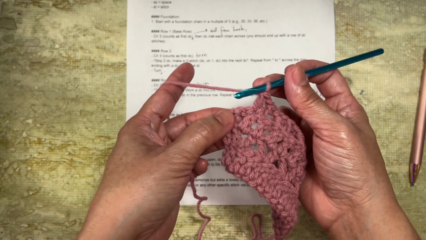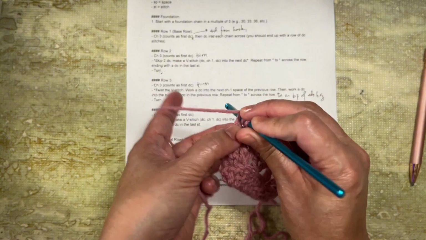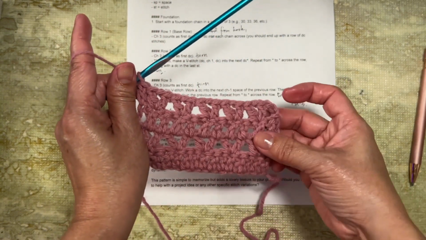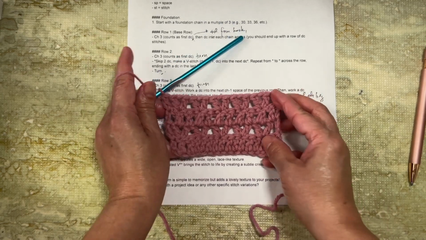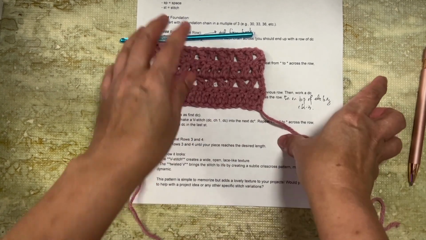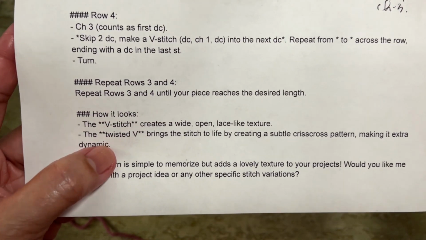End with a double crochet in the last stitch, the third chain of beginning chain 3. So this is what row 4 looks like. And then it says, repeat rows 3 and 4 until your piece reaches the desired length.